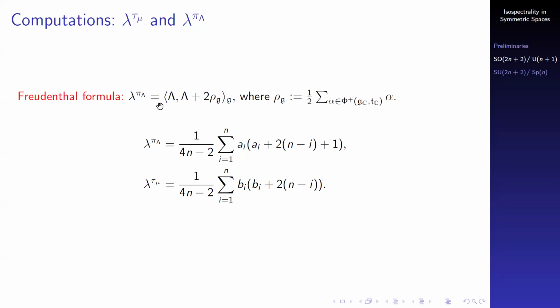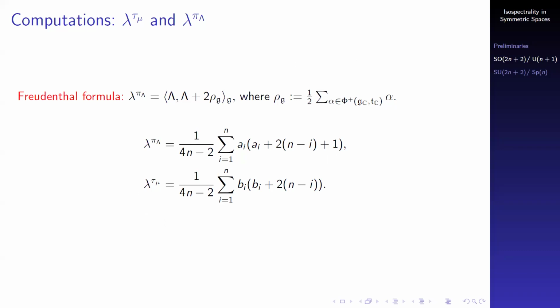That says that the multiple is the inner product of lambda with lambda plus 2 rho, where rho is half of the sum of the positive roots in the algebra. We compute that. We already have lambda, defined by the a's. And we have the b's that define lambda tau, which defines the representation tau. So we can also compute lambda tau, and that's the formula.